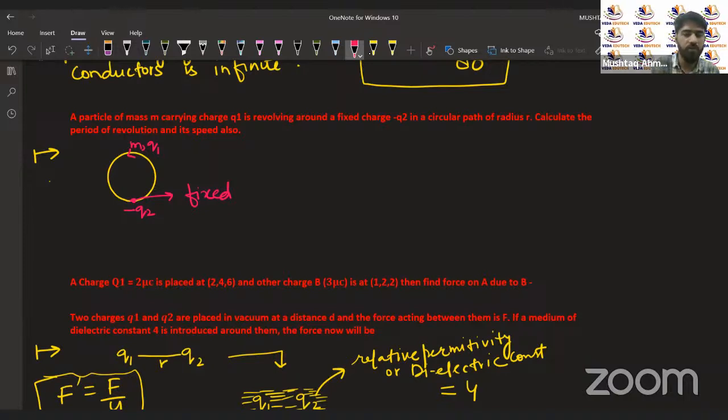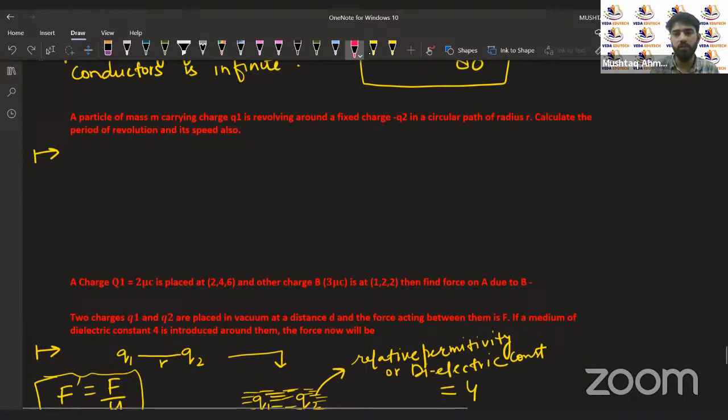So this fixed charge will be at the center of this circle.